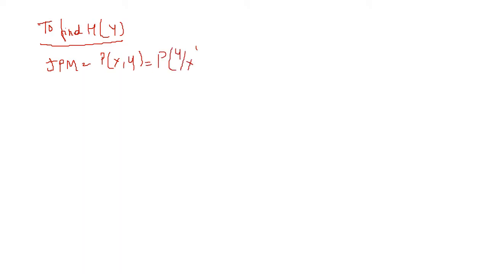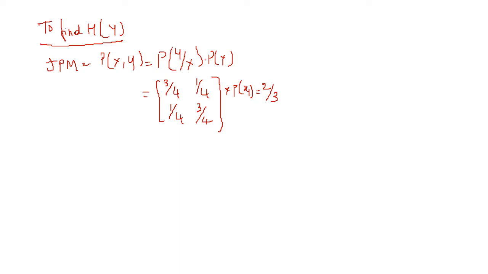To find h of y, either we can use the formula which we have used by deriving the binary symmetric channel, or we can write the joint probability matrix, which is P of x comma y given by P of y by x into P of x. So the P of y by x matrix given is 3 by 4, 1 by 4, 1 by 4, 3 by 4, and we will multiply the first row with P of x1, which is given as 2 by 3 in the problem, and the second row with P of x2, which is 1 by 3.